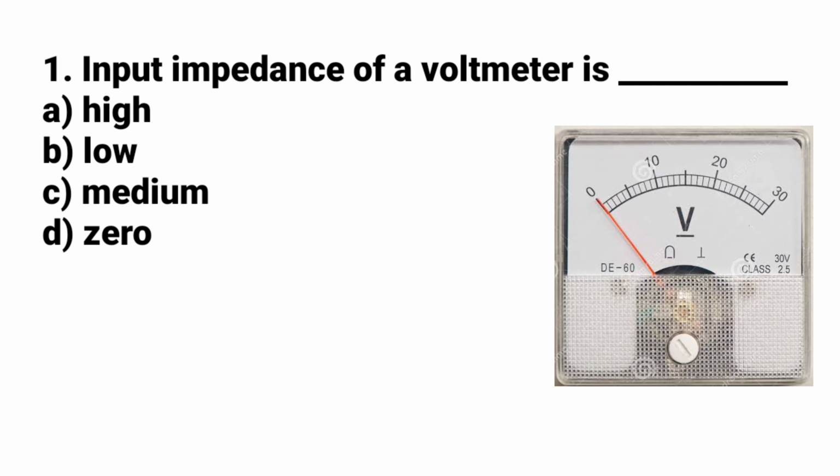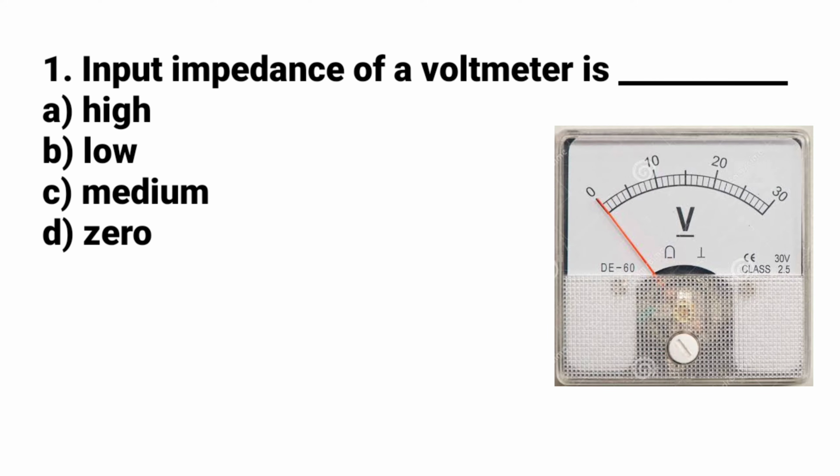For this voltmeter, what is the input impedance? In order to prevent the loading effect in a voltmeter, if you connect the voltmeter to any circuit and loading happens, then the circuit will be damaged or short circuited. The input impedance is maintained as high as possible.